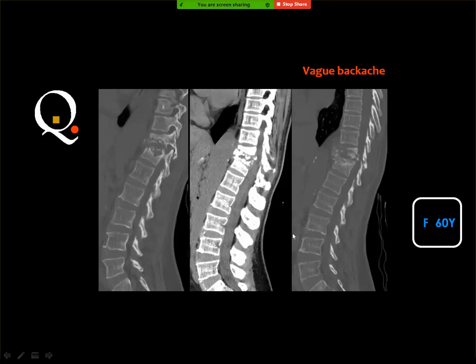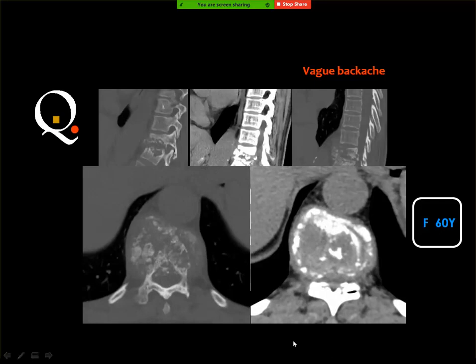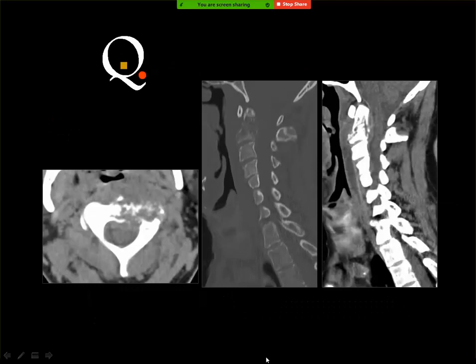And then the most common type of infection is TB. And then you got calcification, and you got soft tissue component in the epidural space, and you can see this in the axial images, you got paraspinal soft tissue component with calcification around the spine and calcification inside the spinal canal, and this is Pott's disease.